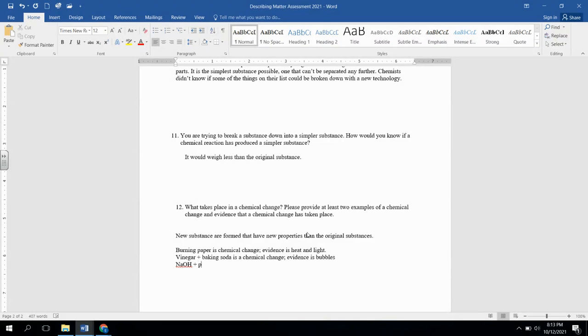Let's just do one last one. Sodium hydroxide plus phenolphthalein, and evidence is color change. One more last one. All right, so baking cookies, and evidence is a new smell plus color change.